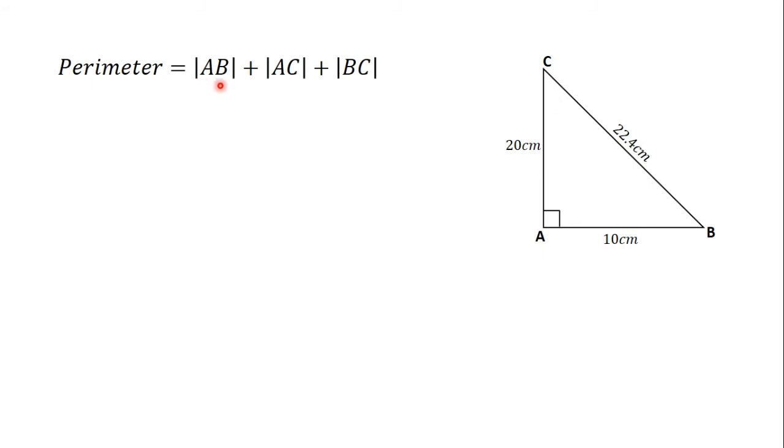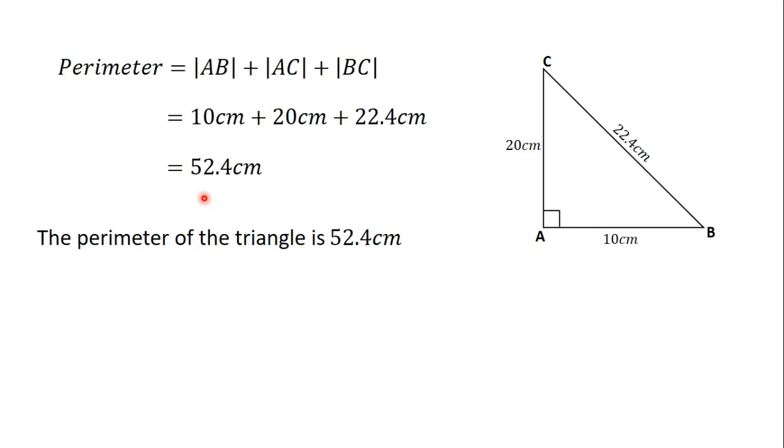You sum all the sides. You have 10 centimeters plus 20 centimeters plus 22.4 centimeters, and this will give us 52.4 centimeters. So the perimeter of the triangle is 52.4 centimeters.